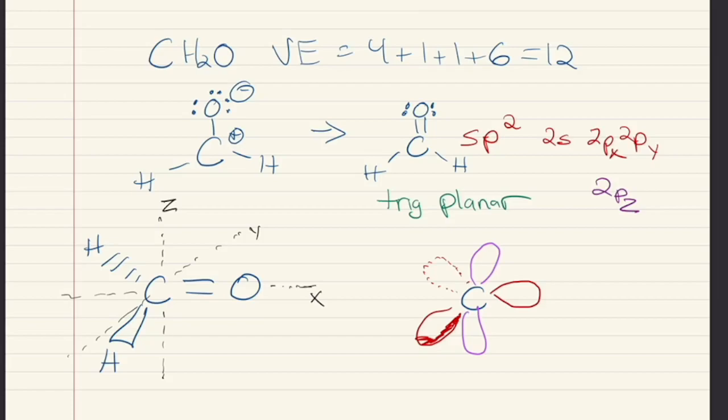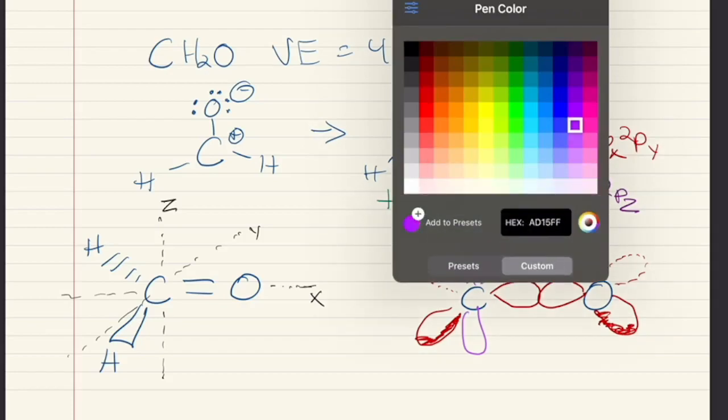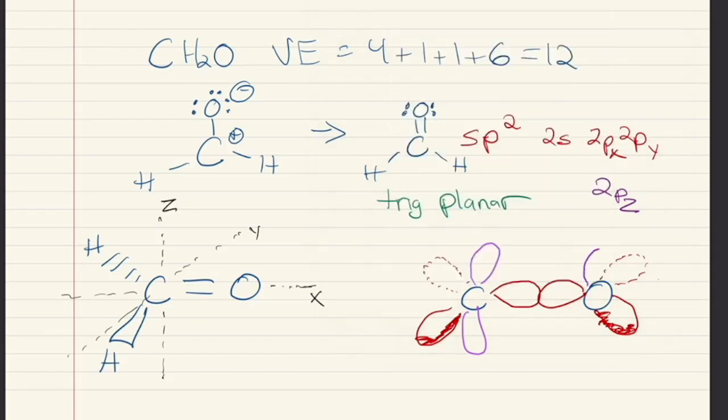All right. If we look at oxygen, and we'll use blue again, we see that oxygen has also sp3 hybridization, where one of the lobes is in the paper, one is coming out of the paper, and it has a leftover p orbital as well.